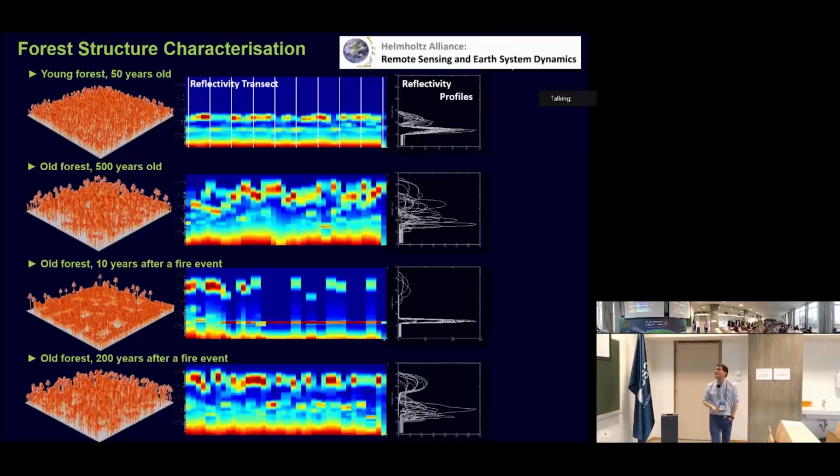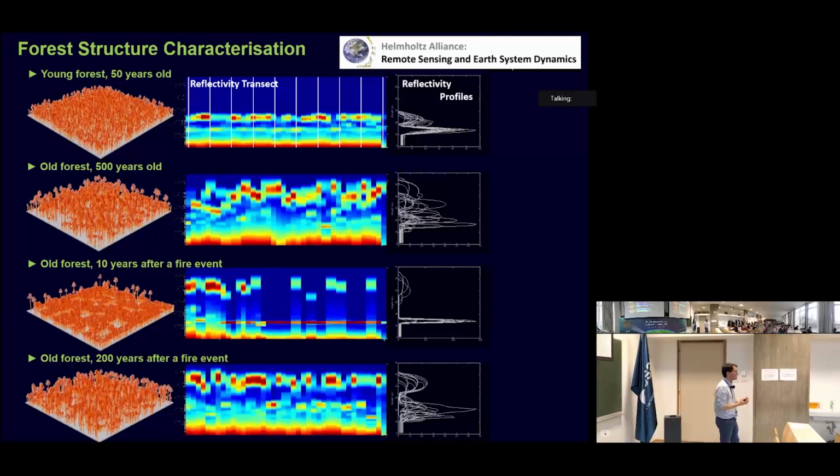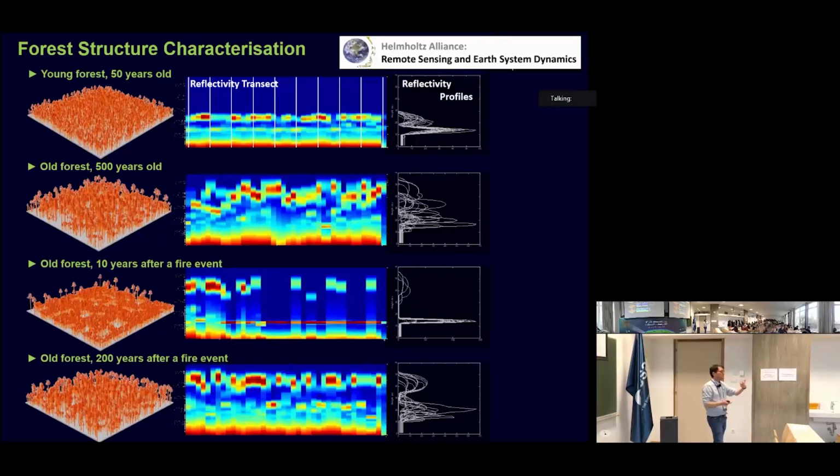What you can do now is characterize this 3D structure. 3D means 3D, but of course you need a parameter that takes into account all this 3D variation. What you can do, however, is take the 3D structure and project it on the horizontal and vertical plane, and therefore you have two measurements and two indices.